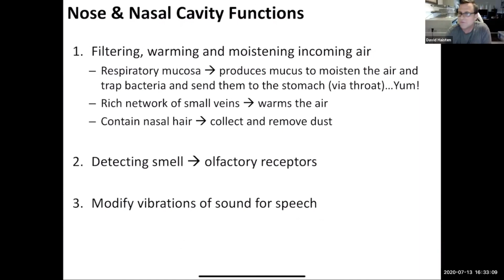So what are the functions? Filtering, warming, and moistening incoming air. In the roof of your nasal cavity, you have the olfactory epithelium, which picks up smell. And you also have paranasal sinuses, which modify sound production.